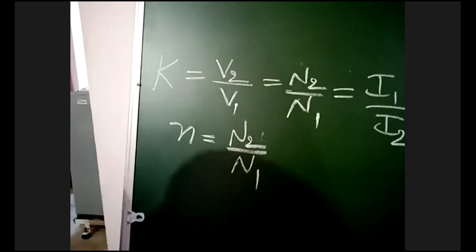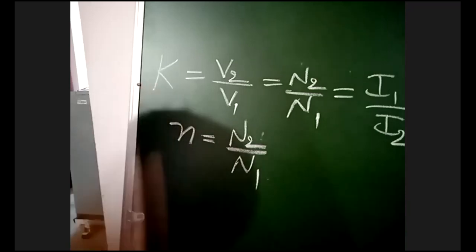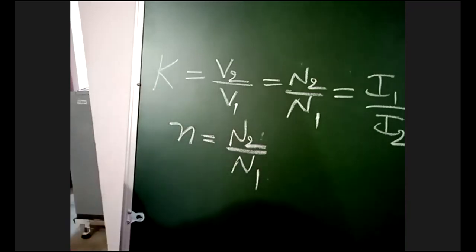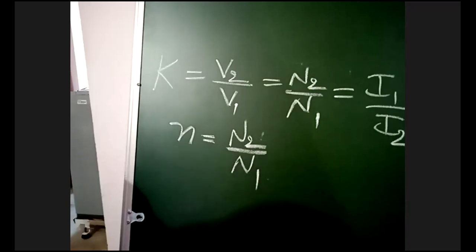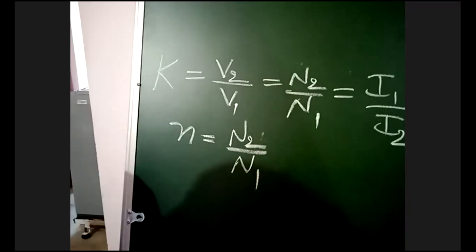Okay, if you know these formulas, we will go for the problems now. In exam, they'll ask for 2 marks: what is the transformation ratio? We have to write V2 by V1 is equal to N2 by N1 is equal to I1 by I2. How we are getting I1 by I2, in coming classes I will tell, after explaining transformer rating in KVA.